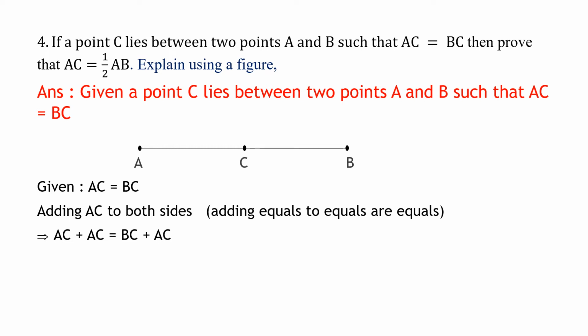AC plus AC is twice AC. And what is BC plus AC? You can see you go from B to C, BC, and AC is C to A. So adding BC plus AC should give us AB. So we have twice AC equal to AB, means 2 times taking AC we get AB. If we shift 2 to the right side, we have AC equal to half AB. So here is the condition given to us and we have proved.